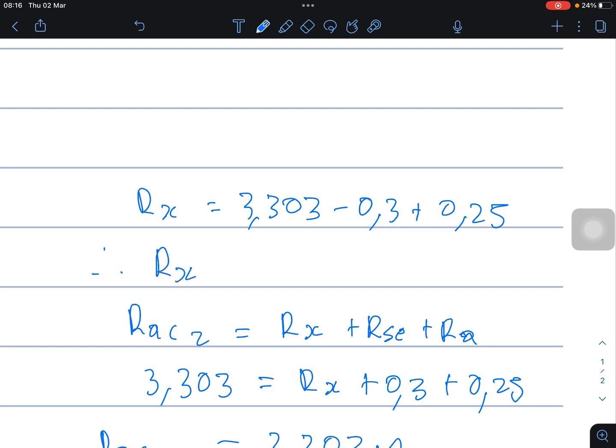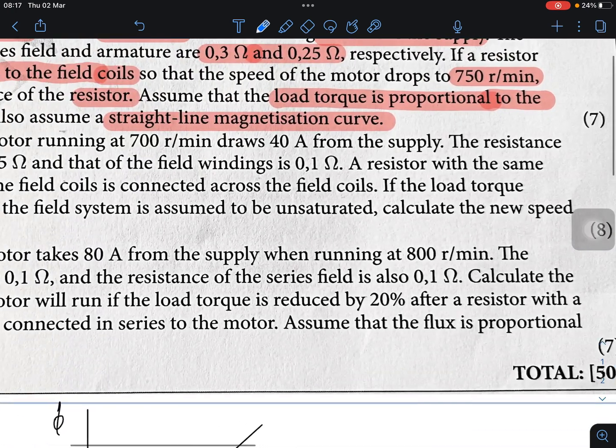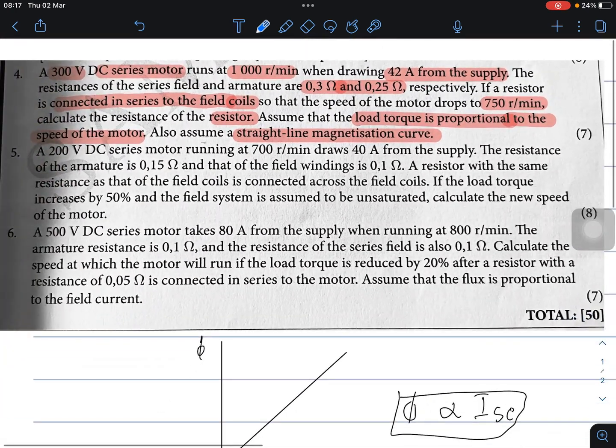Okay, let's calculate that. 3.303 minus 0.3 minus 0.25. That means the resistance we must add is 2.753 ohms.